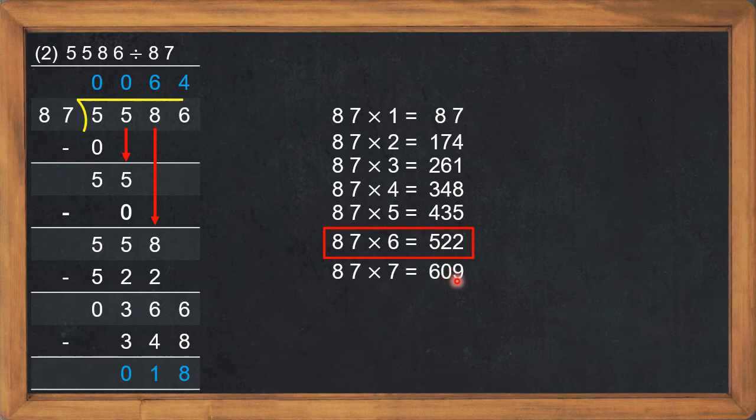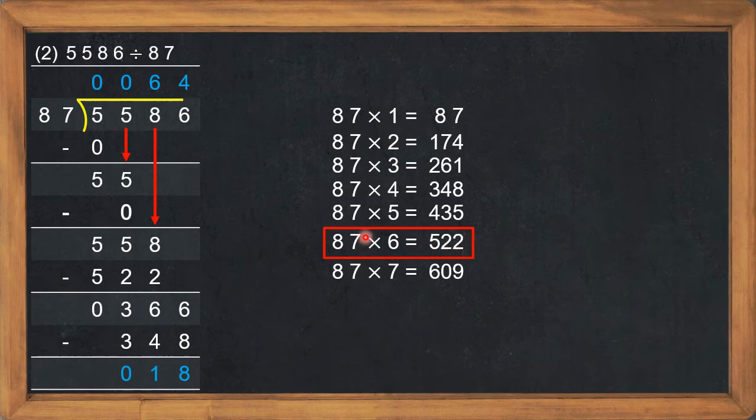609. Now as 609 is greater than 558, we cannot subtract 609 from 558. So we take 522. 87 sixes are 522.